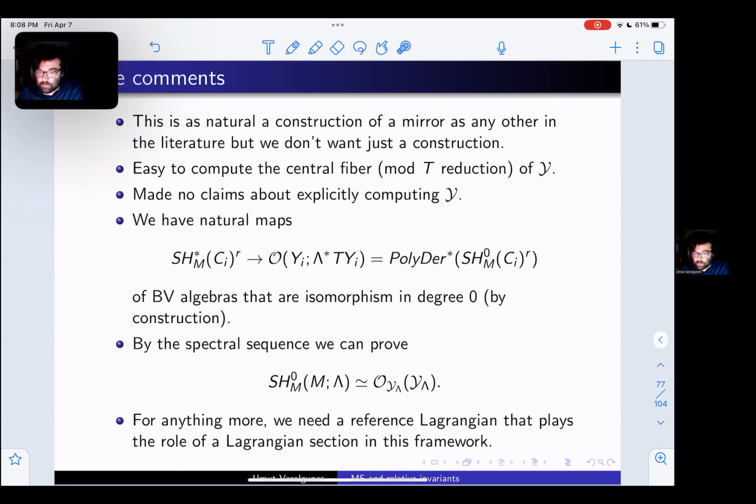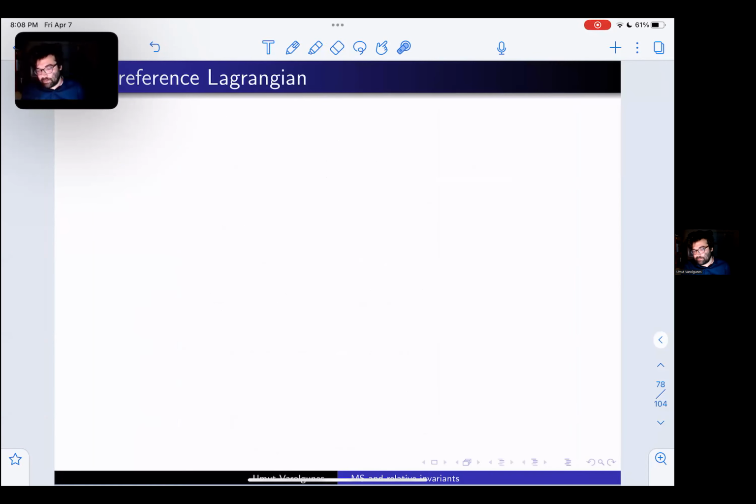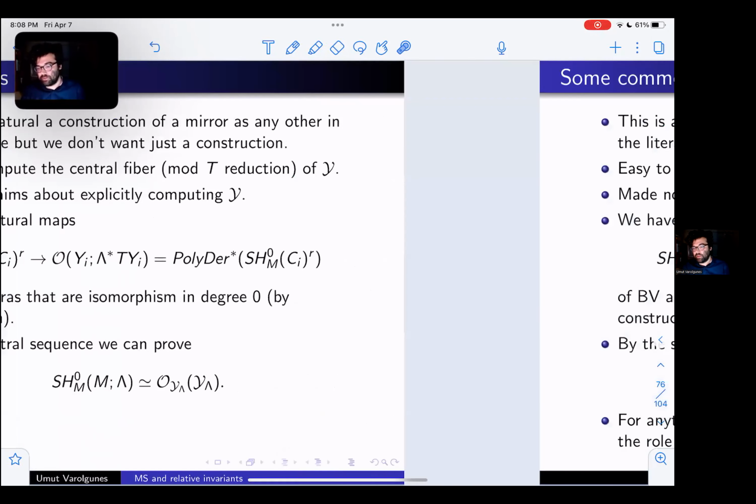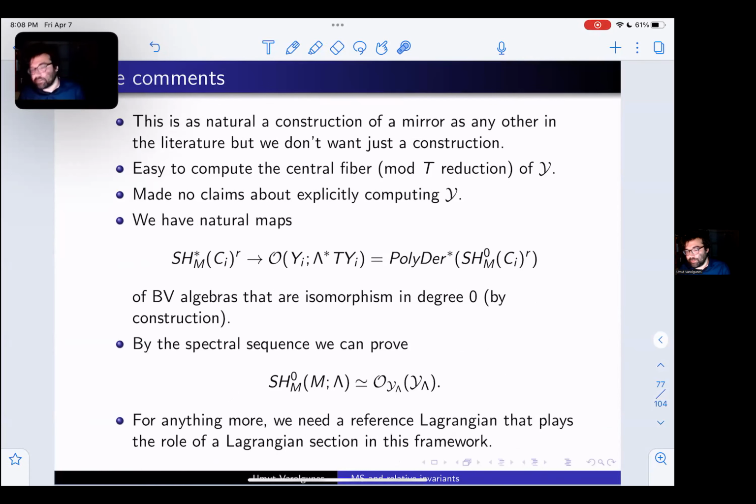Okay, so this is where I end my talk. Then I had this definition of reference Lagrangian, an even more sketchy, even more conjectural part. But I don't think that with just this you can prove homological mirror symmetry. I think you need more.